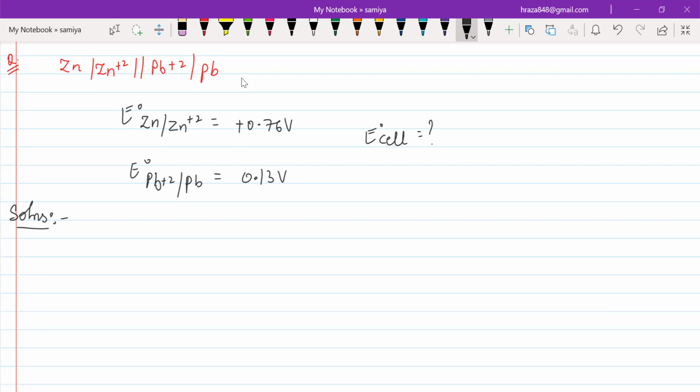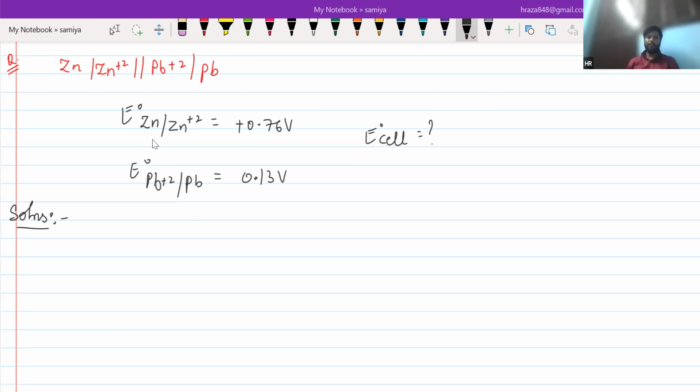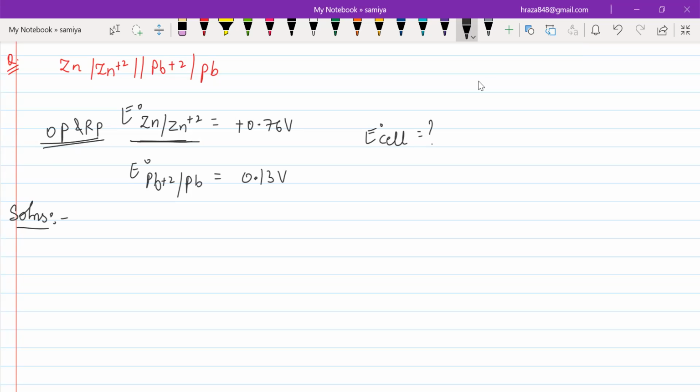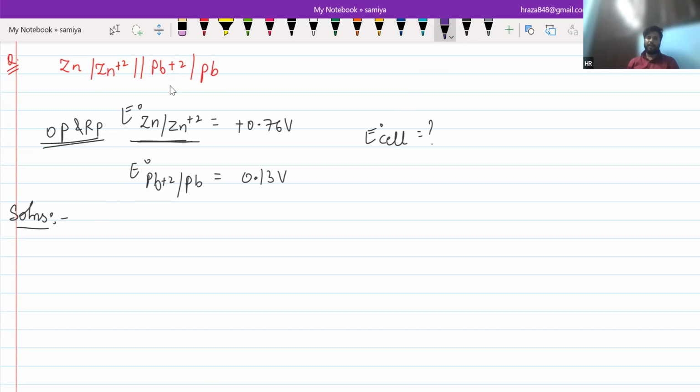So is the answer 0.89 volt? Just see, did you check whether electrode oxidation potential is given or reduction potential is given? See, right is cathode and left is anode, right?